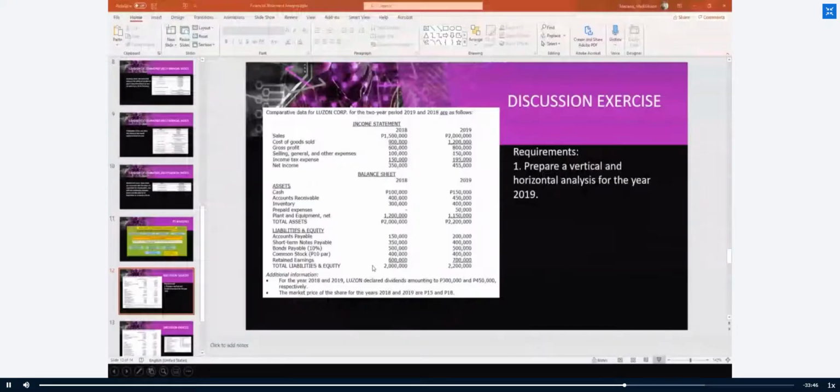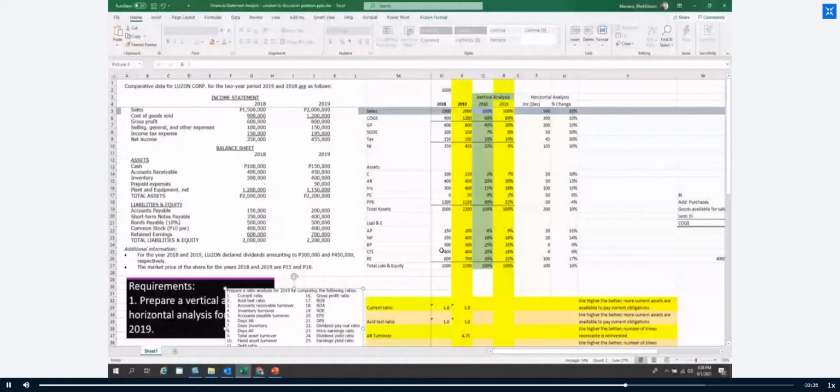So number one, of course, I've already placed the data from the financial statement here. So that's why my numbers are already linked. But then we'll go through each of the ratios as we discuss it, as we go through it. So let's do it one by one.